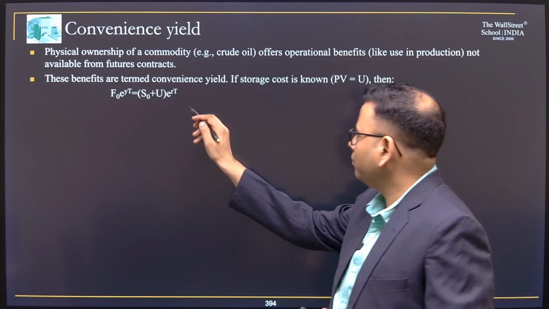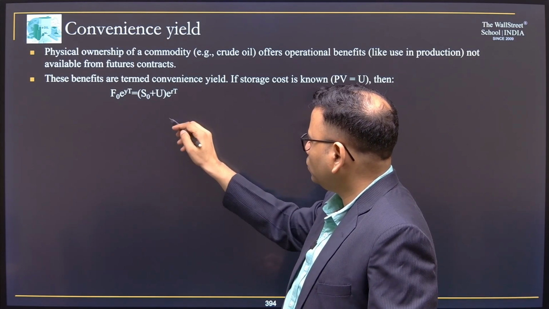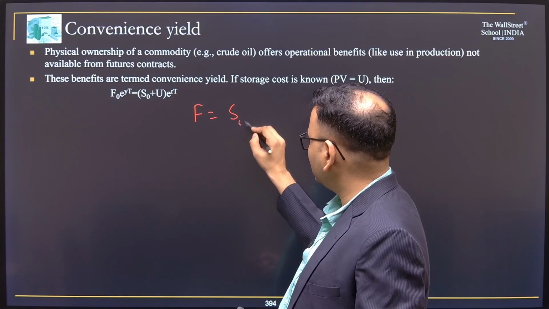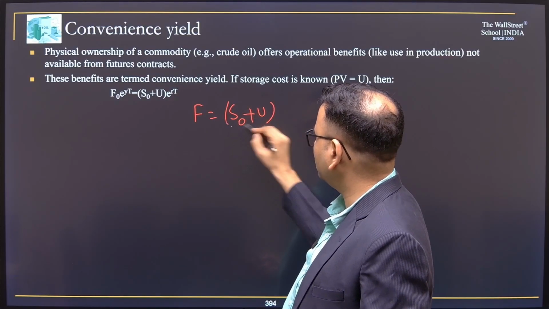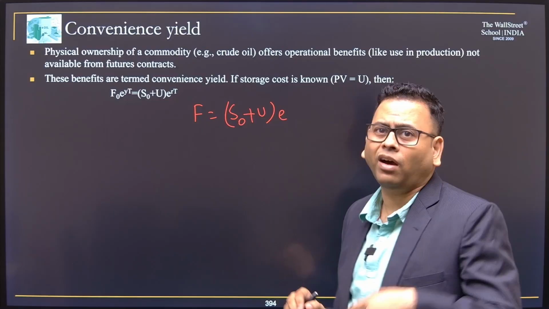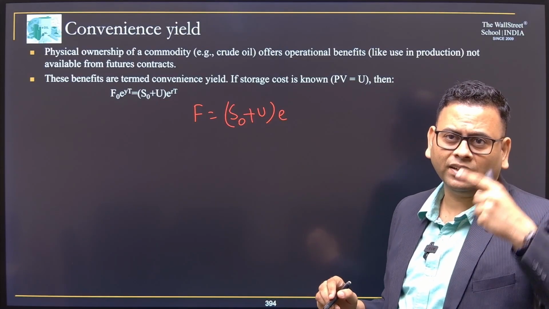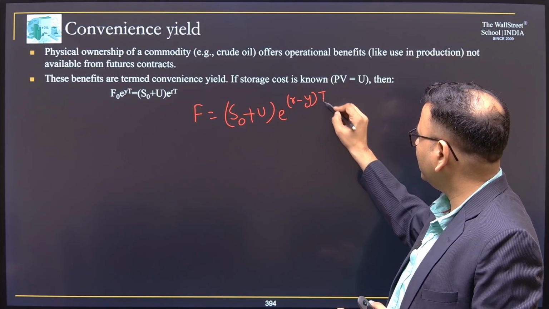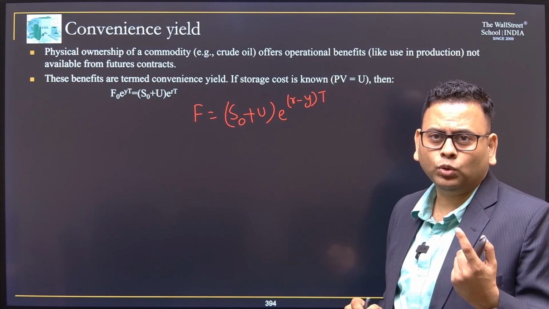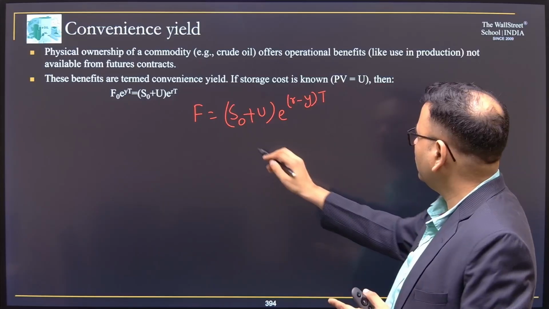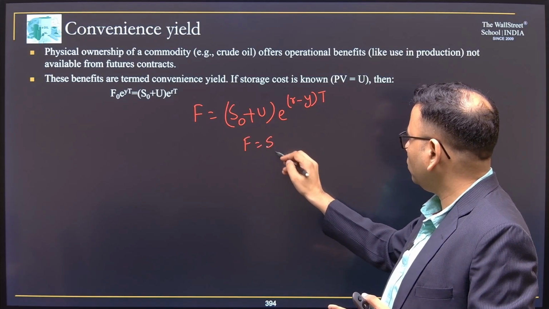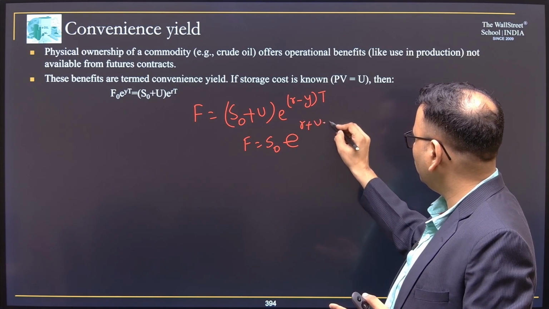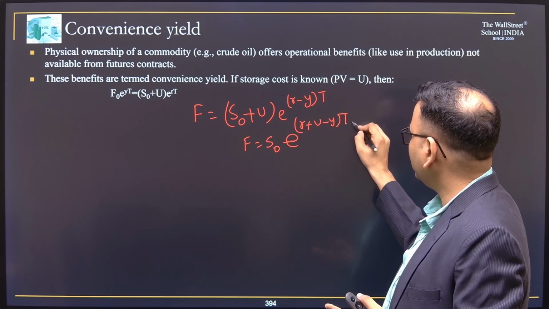So if U is my cost and Y is my convenience yield, then my forward price would be S naught plus present value of storage cost into e to the power R. Now R would be adjusted against the income, which is my convenience yield. So (R minus Y) into T. In case U is also in percentage form, then F will be S naught e to the power (R plus U minus Y) into T.